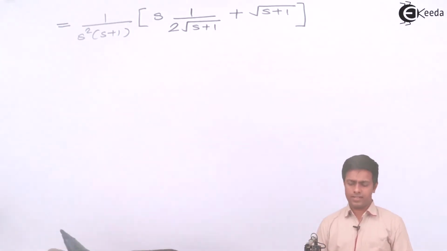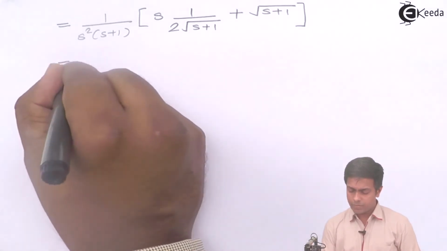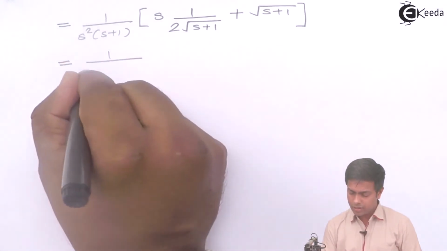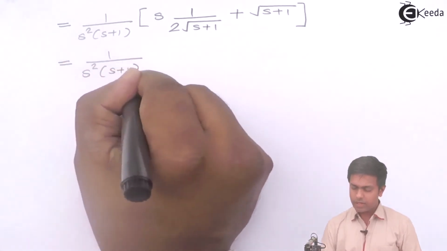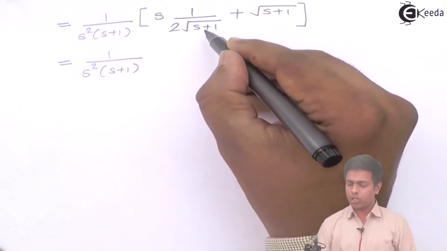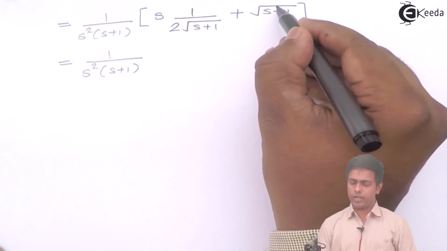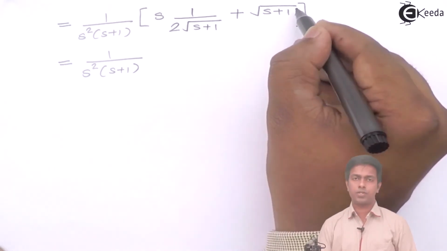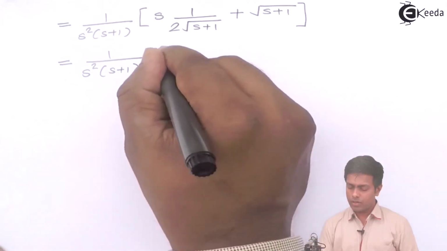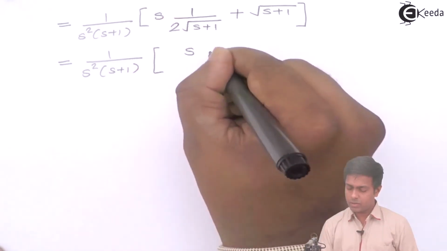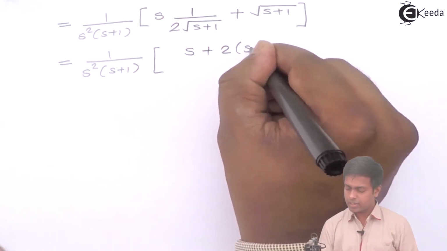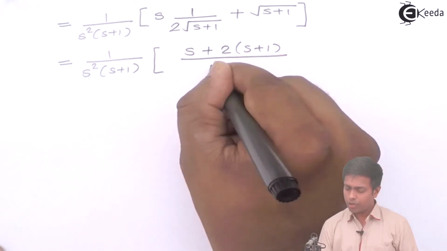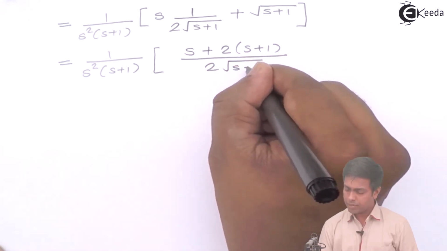Now let's simplify this. So here we will get 1 upon s square s plus 1. Now if I do the cross multiplication, here we will get 2 into root s plus 1, root s plus 1 is 2 times s plus 1. So this s as it is plus 2 times s plus 1 upon 2 root s plus 1.